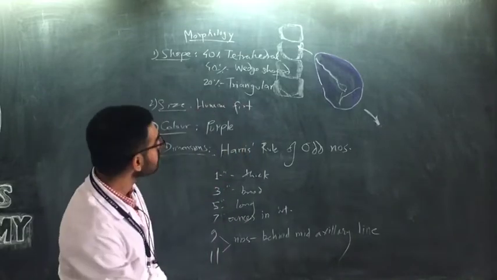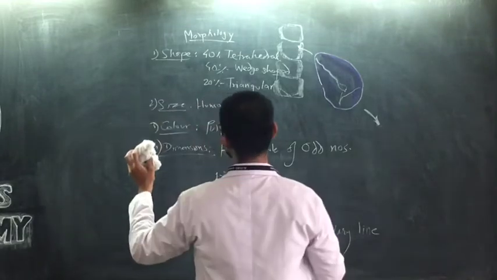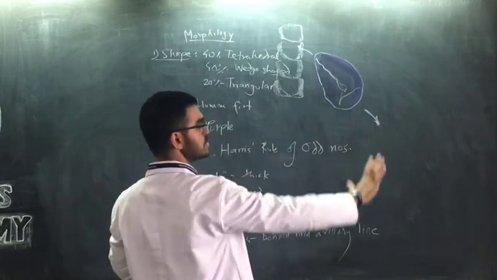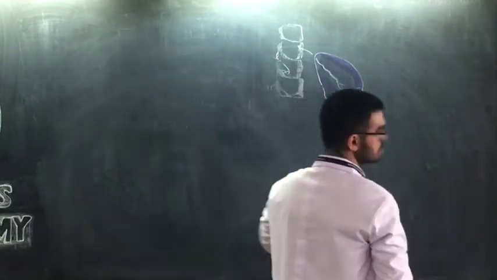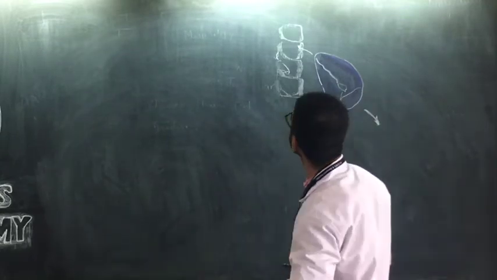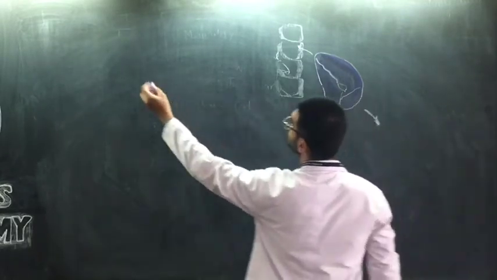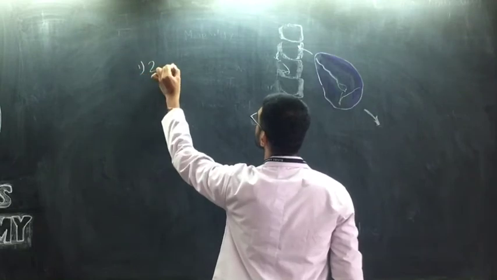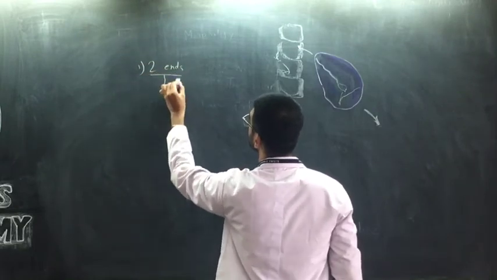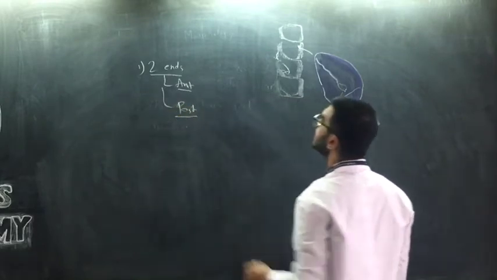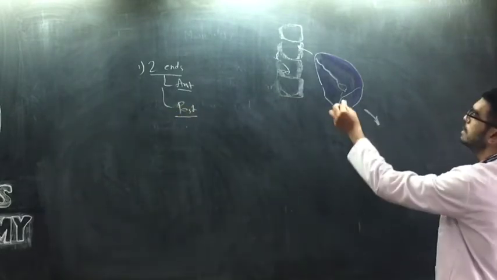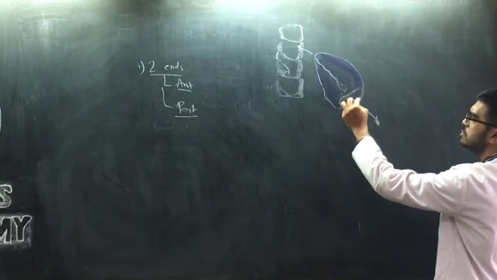So the anterior end is facing laterally and downwards, and the posterior end is facing backwards and medially. Okay? Now that we have a spleen on the board, might as well just create all the relations around it. So, external features, the spleen has 2 ends. The anterior and the posterior. Okay? The anterior end is more of a surface, as you can see.